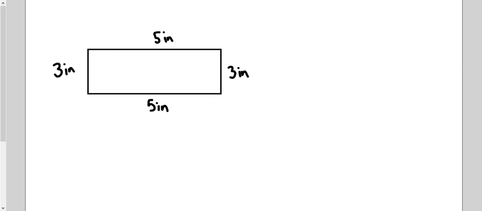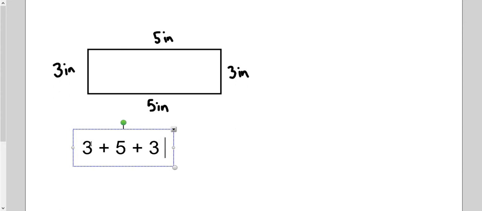And so if we were going to find the perimeter, and remember, perimeter is the distance around an object on the outside, all that we would do is just add the sides up. So we would have 3 plus 5 plus 3 plus 5.